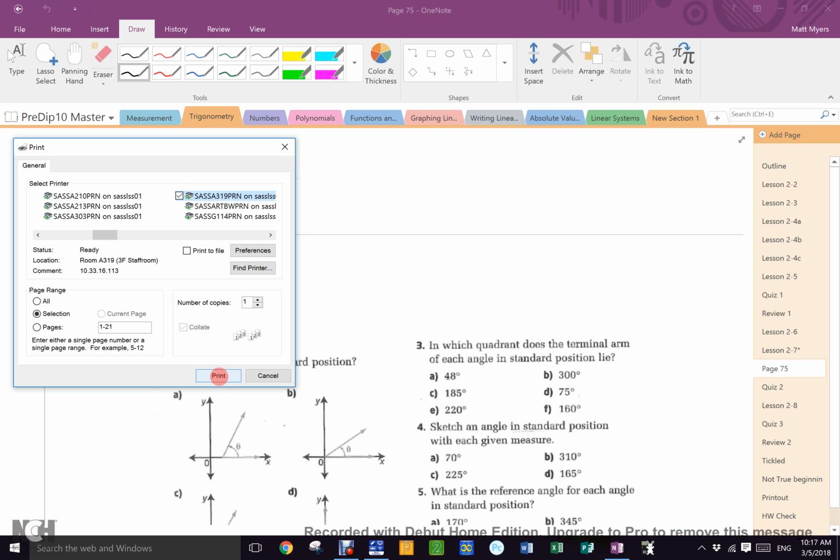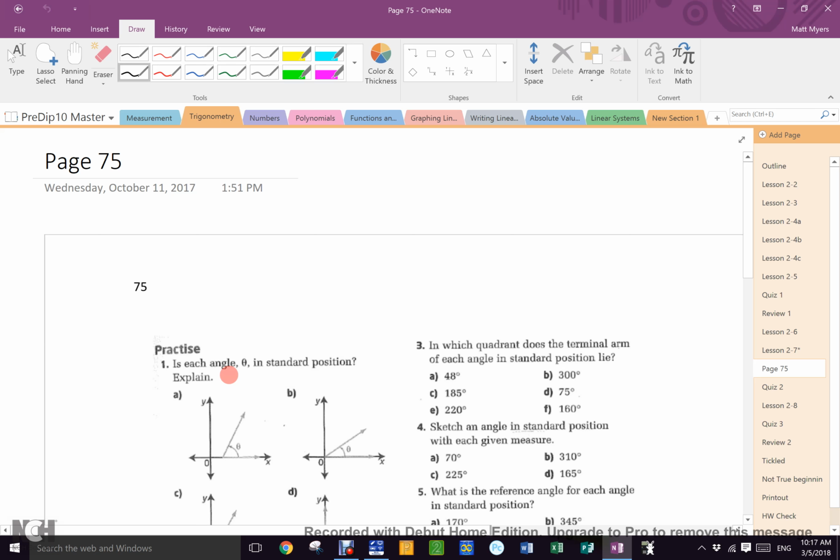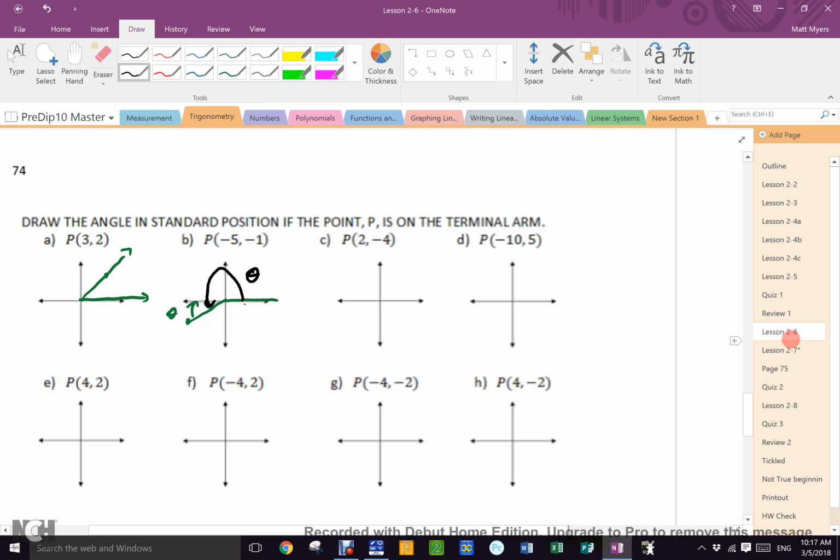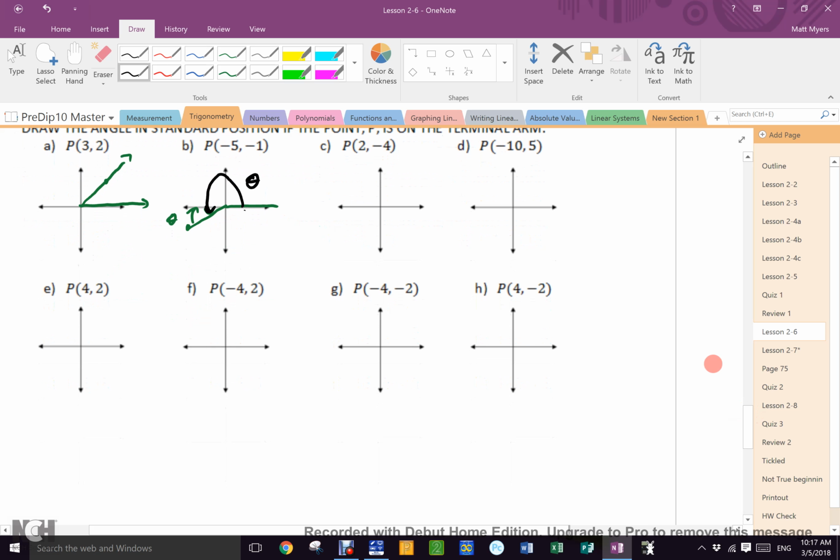Once we go over this, I'll go and get your assignment that you will be working on. You guys finish that up. I'll go copy it, and that's what you'll be working on.